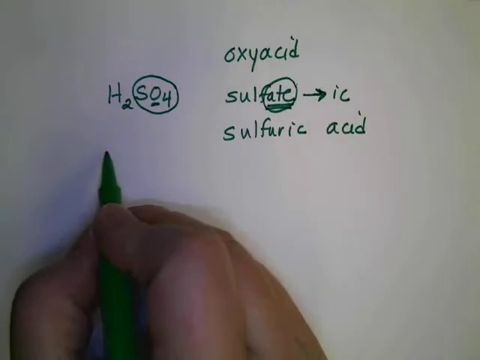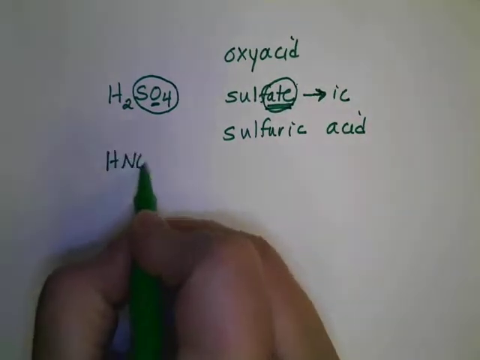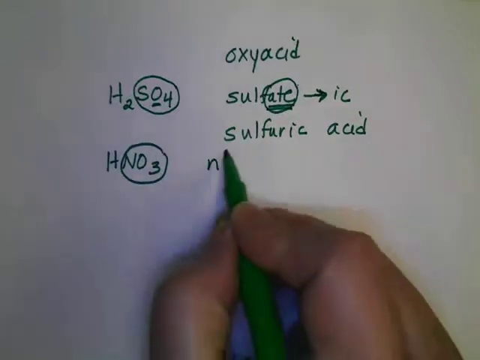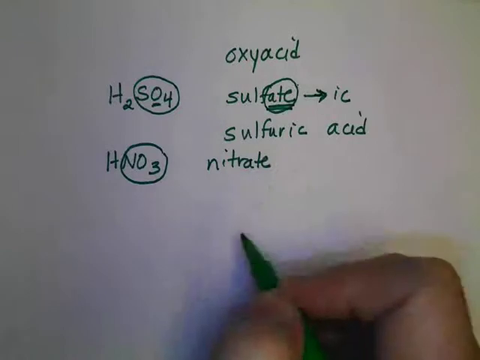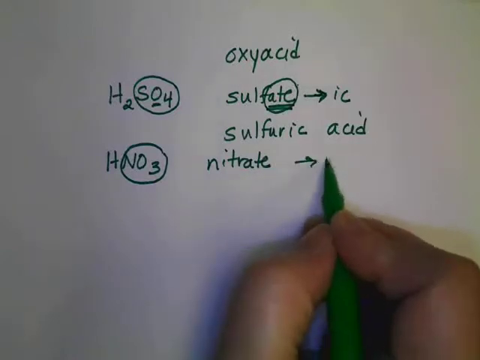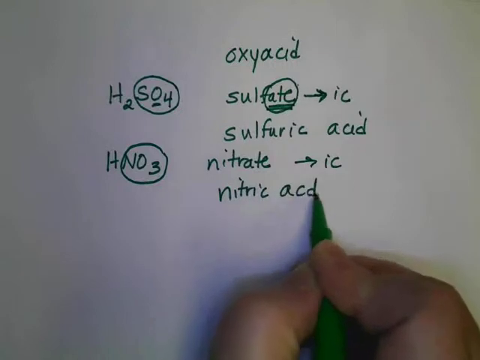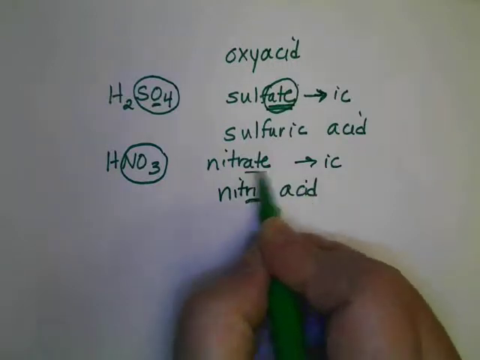If I have HNO3, I have to know this polyatomic's name. It's nitrate. Again, the ending's going to change to ic, so I get nitric acid. So my ending's changed.